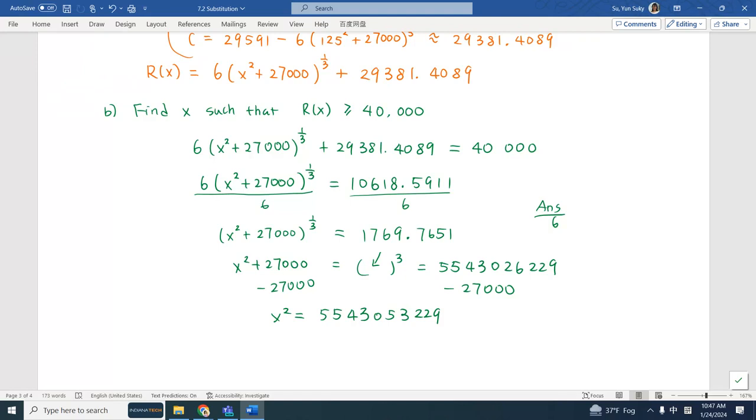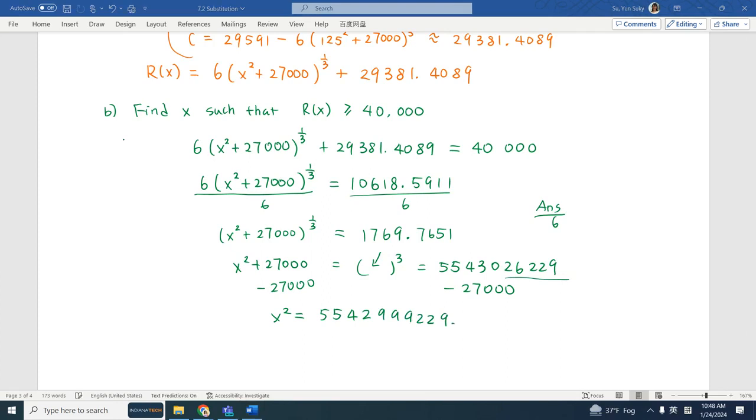The answer, because we have to subtract it from 27,000. Yes. I'm saying when I subtract the 27,000, that's the answer I got. Let me see. 27,000. Yes. So we get 429999229. Interesting. So yes, we get that.